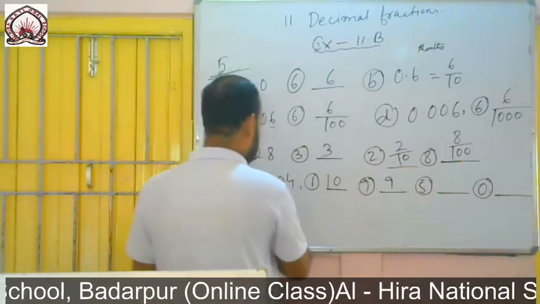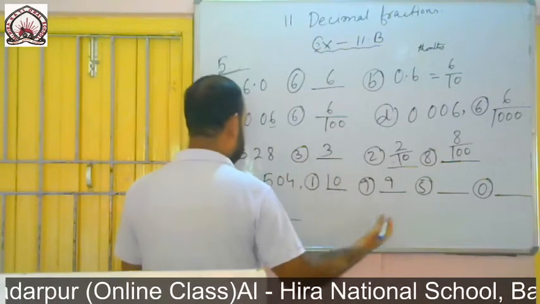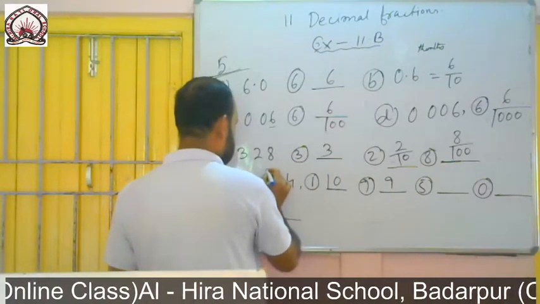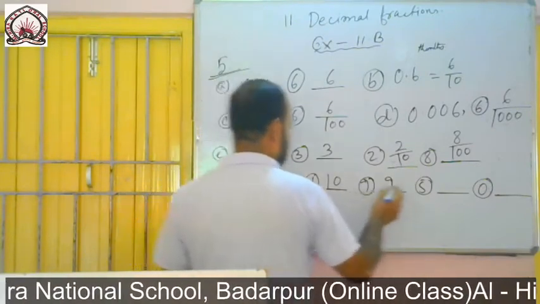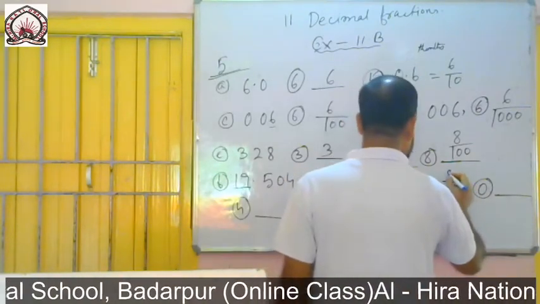Now this 5 is after the decimal, that means tenths, hundredths, thousandths. Tenths means 5 by 10.